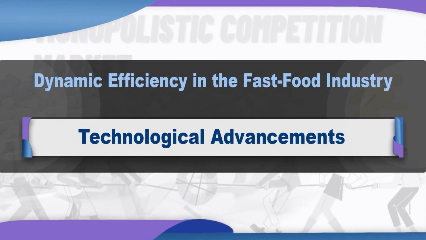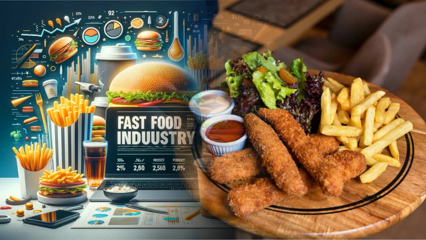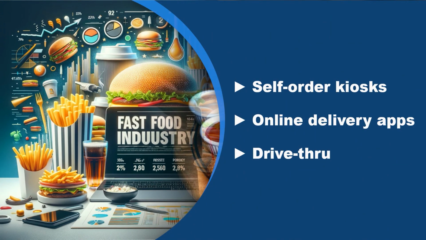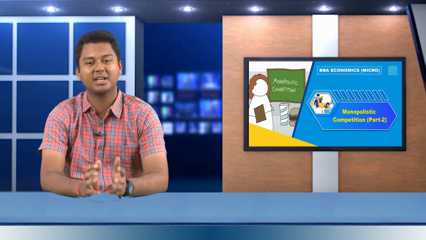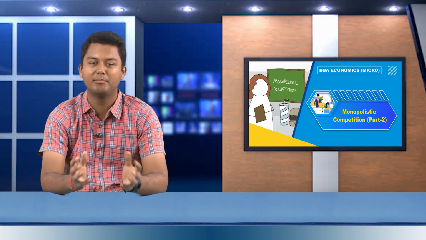Considering technological advancements, fast food companies have adopted technological innovations such as self-order kiosks, online delivery apps and drive-through optimizations to enhance consumer convenience and reduce operating costs. Through product innovation, non-price competition and technology adoption, the fast food industry demonstrates dynamic efficiency, improving its operation over time and better meeting customer needs.